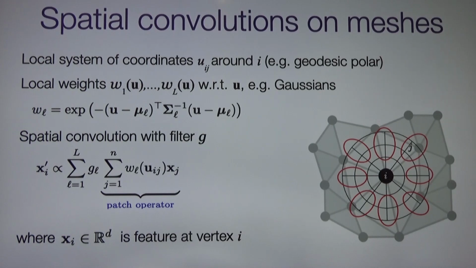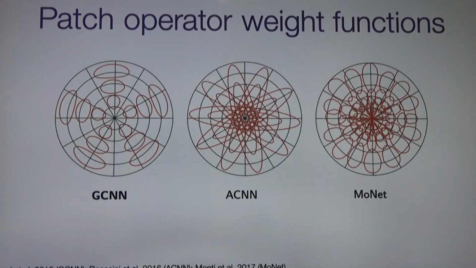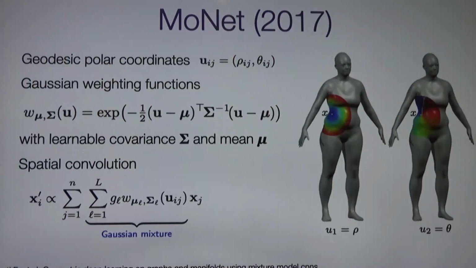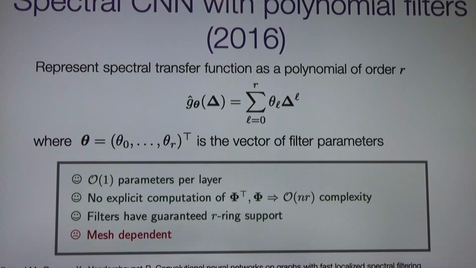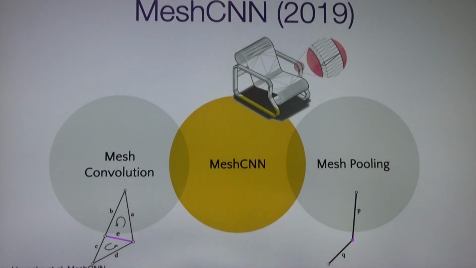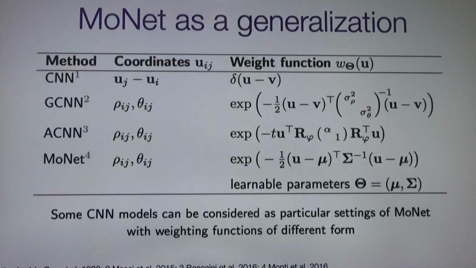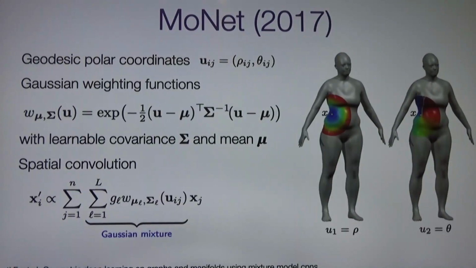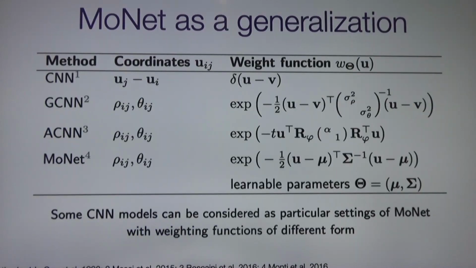It's a good question. There has been a number of ways of defining these local coordinate systems. People generally work with the polar coordinate system because it is kind of natural.